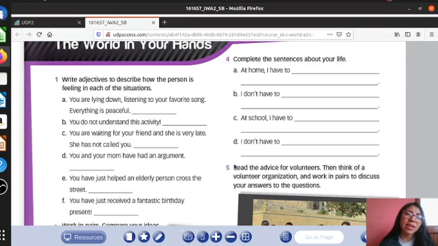Happy, calm, angry, relaxed, proud, confused, what else? Worried, okay? What else? Sad, okay? Those are some adjectives that we review in the unit, okay? So we have to put one of them here, tenemos que ponerlos aquí, according to the situation.